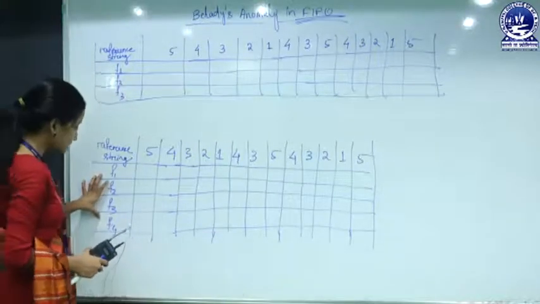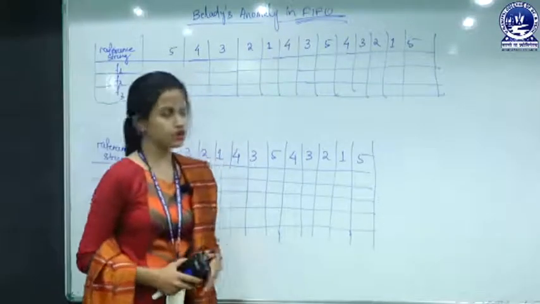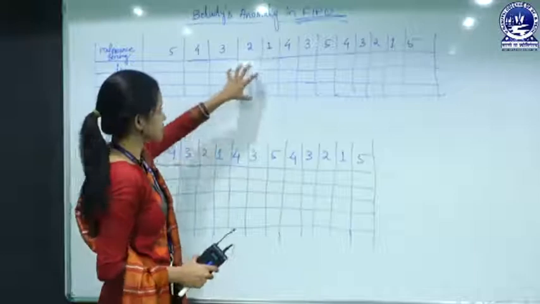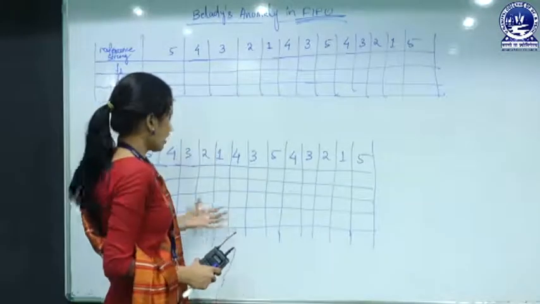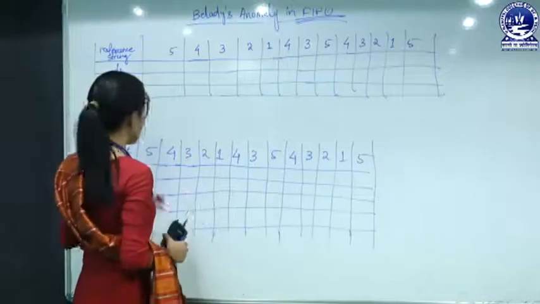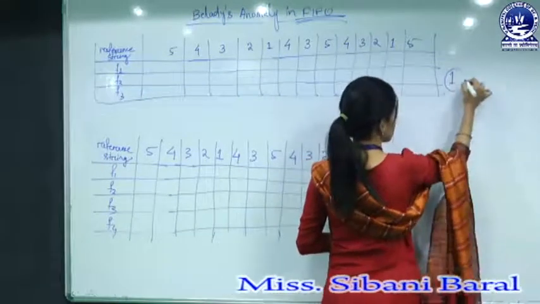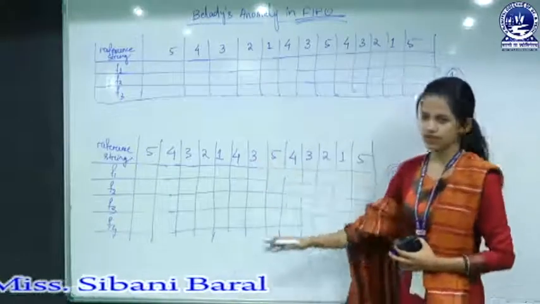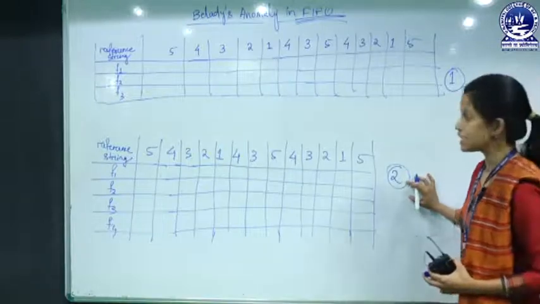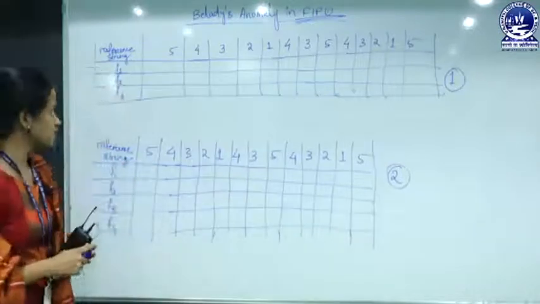So we have increased the frame size in the second example, and as the rule says, with the increasing of the frames, the page fault should decrease compared to the first example. Okay, so obviously this is the second example, and this is the first. As the page frames are increased, the page faults of the second diagram should obviously decrease compared to the first diagram. So let's solve this algorithm.